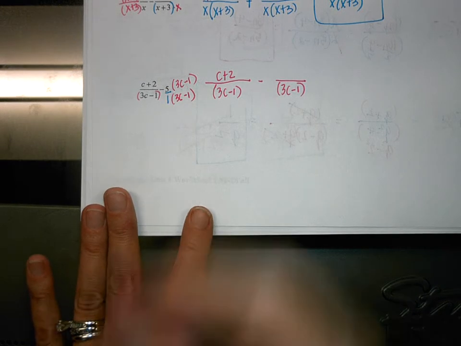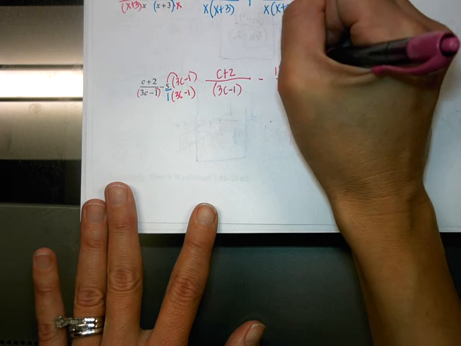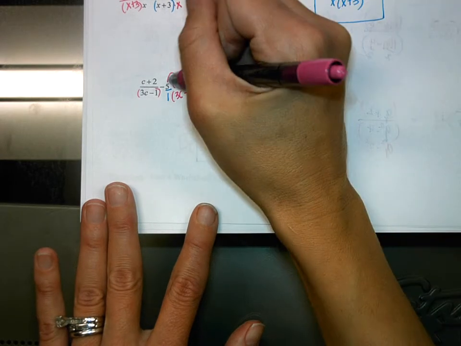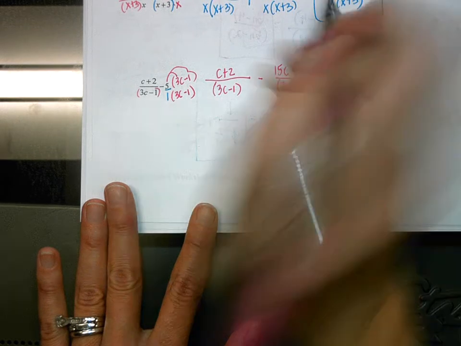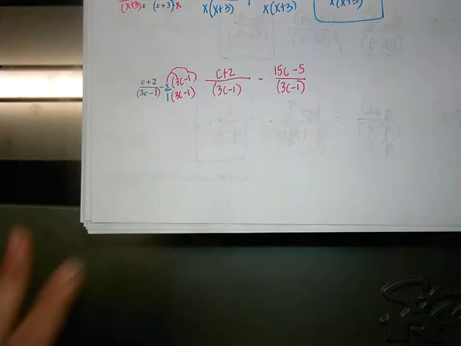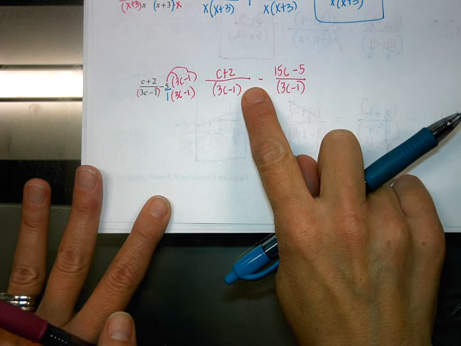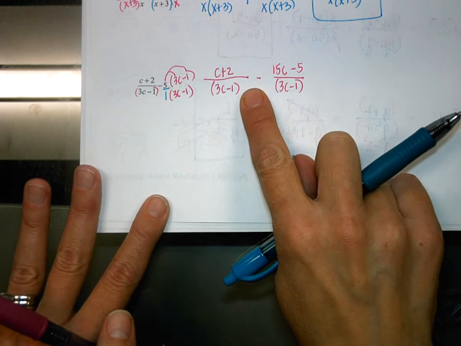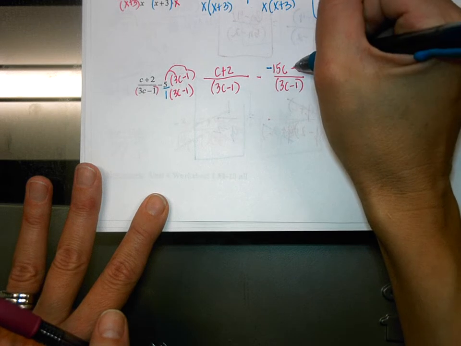Distribute. 5 times 3c is? Okay, and 5 times negative 1 is? And if you already did it as a negative, it's fine, you're going to get the same thing. I'm now going to, because I have that minus sign, what am I going to do? Distribute it? Yeah. So this will become a minus, and this will become a plus.